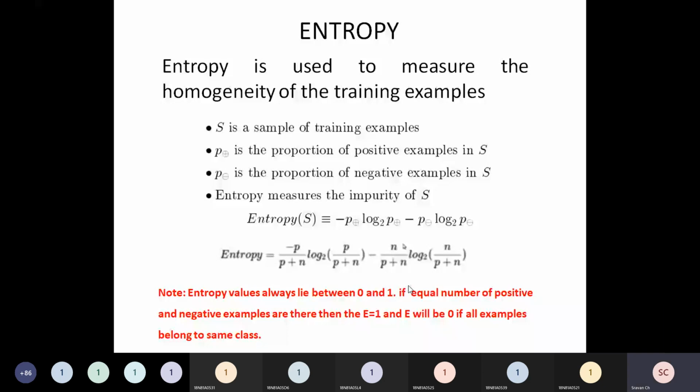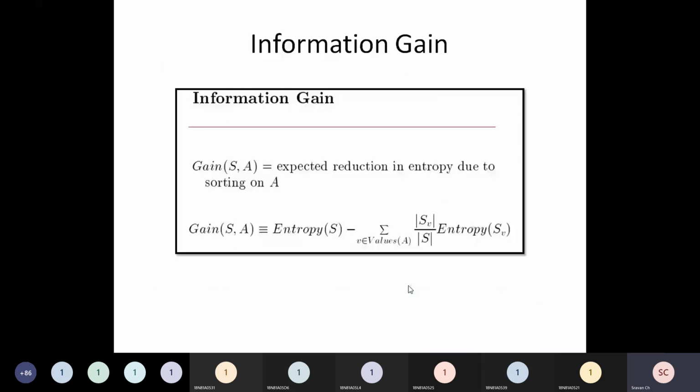Information gain. Information gain is another important parameter which we are going to compute and use in the construction of the decision tree. Information gain will be calculated for every parameter, for every attribute. Here, capital S represents the entire data set.